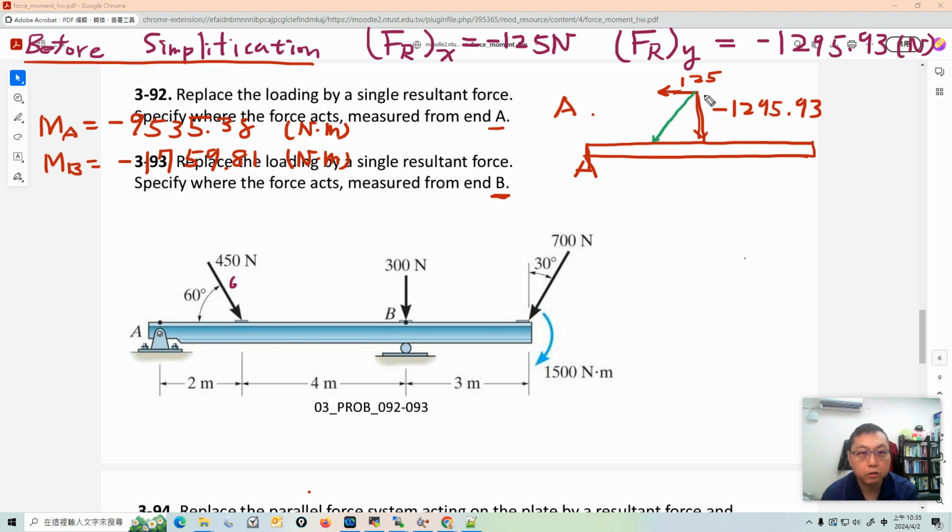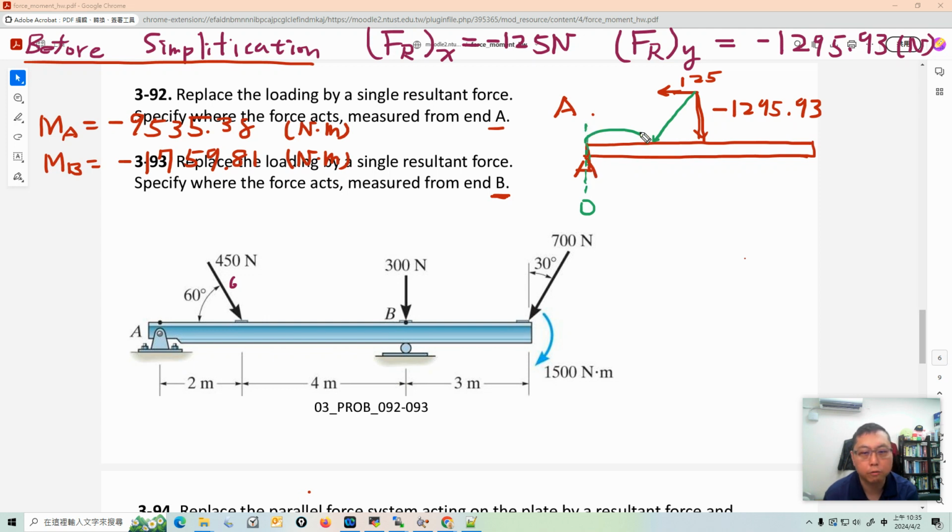So here, since it is a resultant force and we want to know the distance, and the reference point is at A, we can set the origin here.